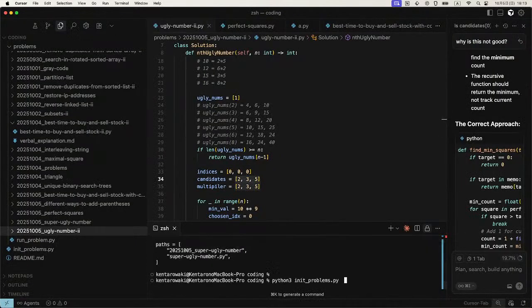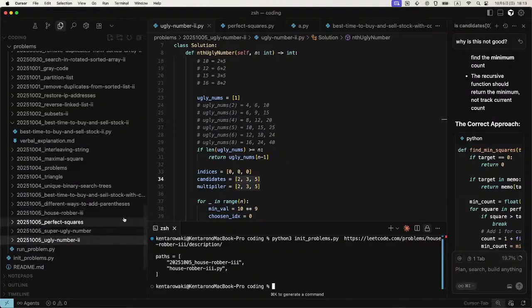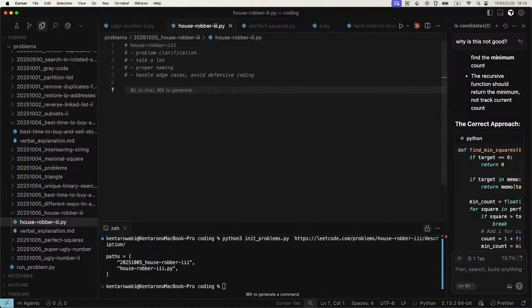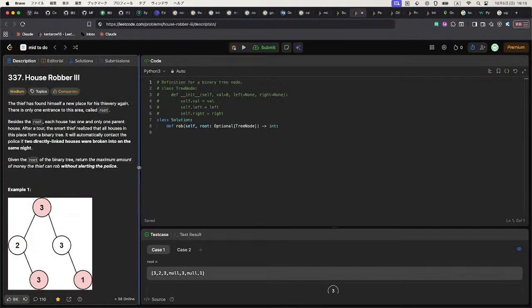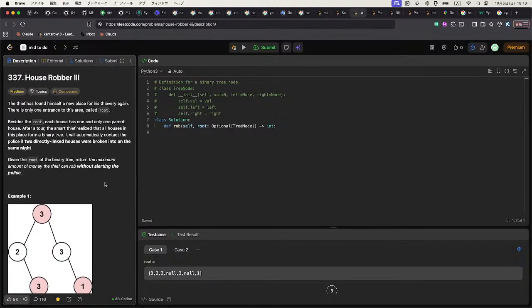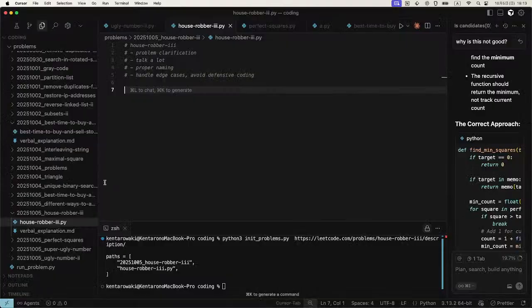I see this problem for the first time, so this is important. I want to solve this smartly.